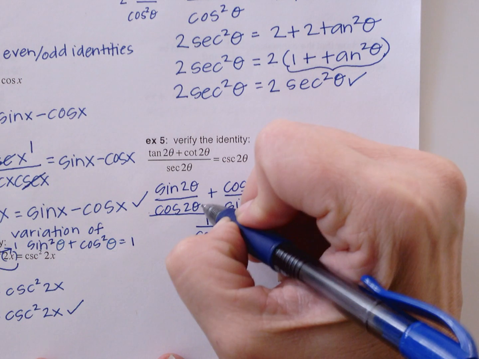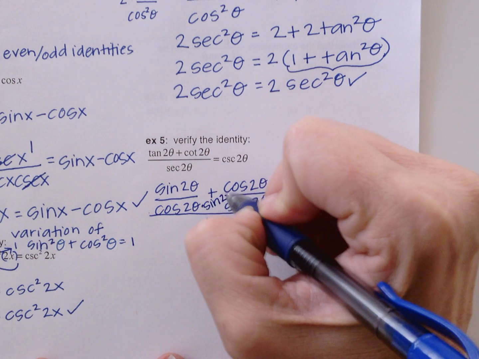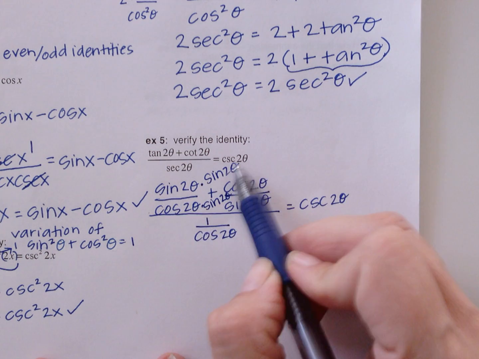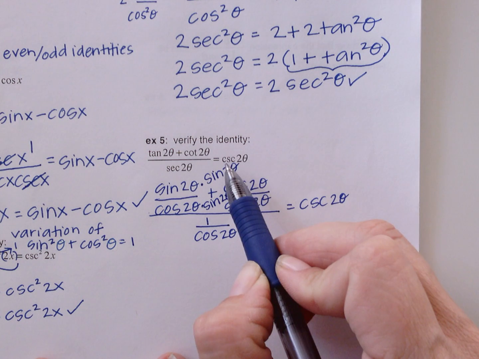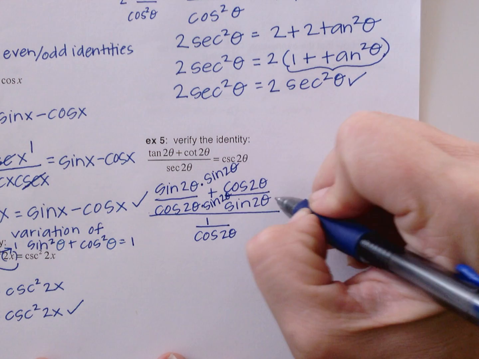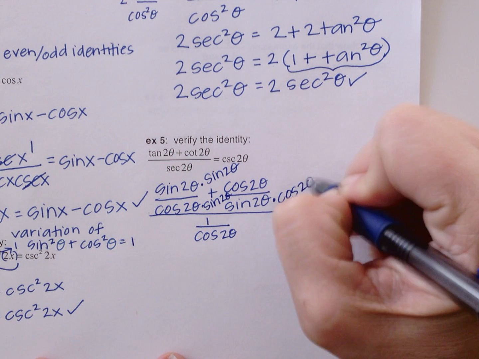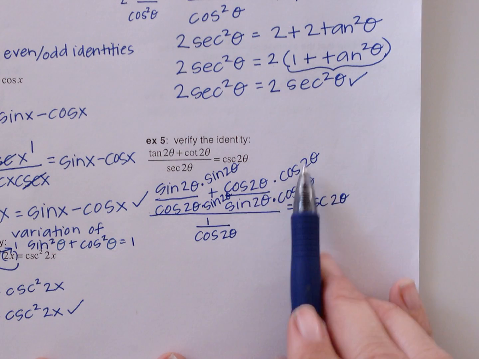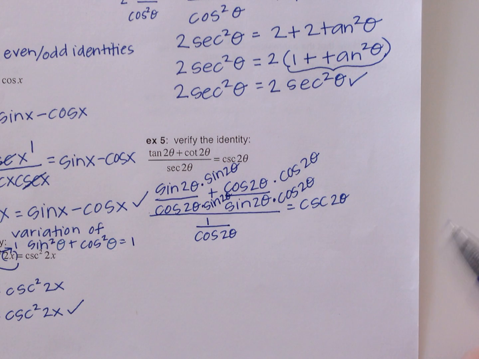So this right here is going to be sine 2 theta times sine 2 theta. And then notice what's created right here. That's sine squared 2 theta. And then here, this one needs a cosine 2 theta and a cosine 2 theta. Do you see where this is going? Now I have cosine squared 2 theta. So let's take this and see where it goes.